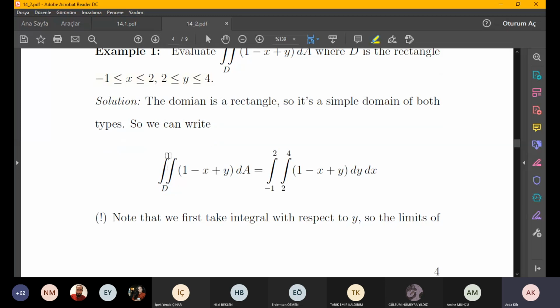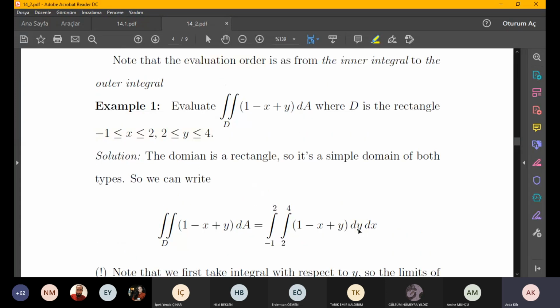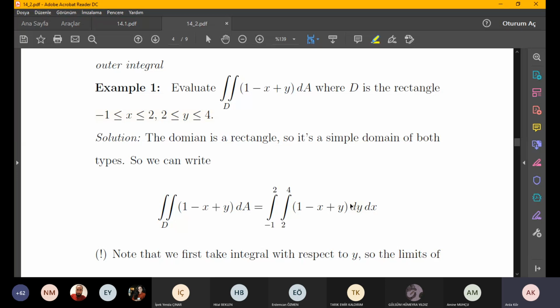So if we integrate it, it will be written from the total order of integration.